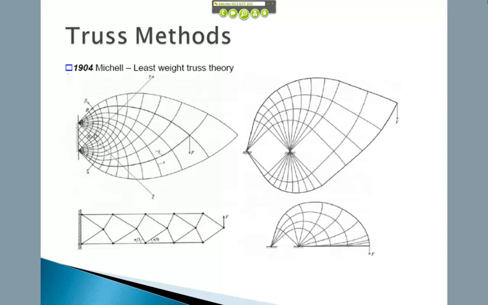And so he went about asking, what is the problem? How do I make it the lightest, simplest, easiest structure to work with based on the constraints? He knew where the loads were, he knew where the boundary conditions were, and he basically said, what truss structure is going to be able to support this?